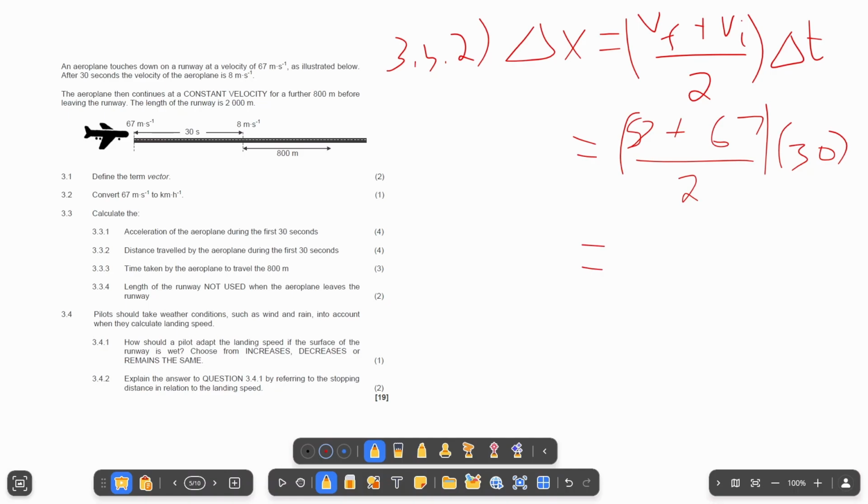What do you get, scientists? Quickly. What do you get? Yes, 1125 meters. That is the distance traveled by the aeroplane during the first 30 seconds.